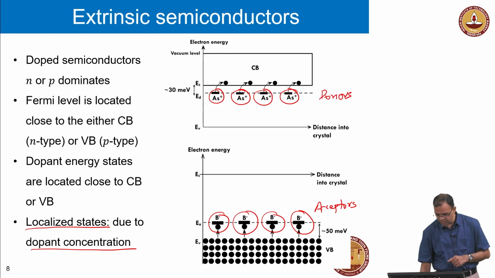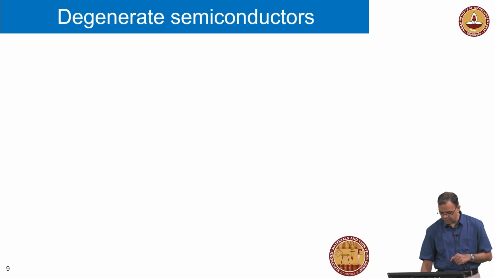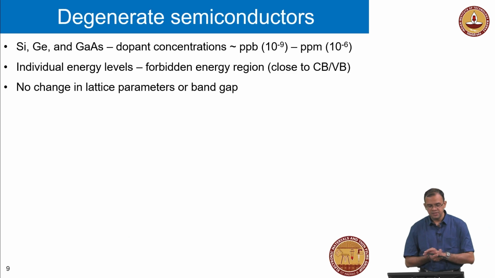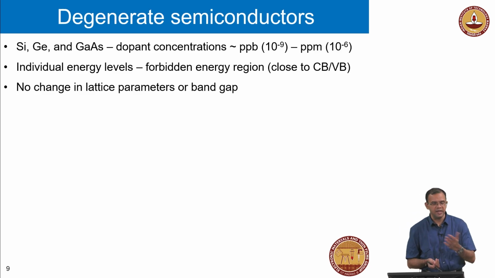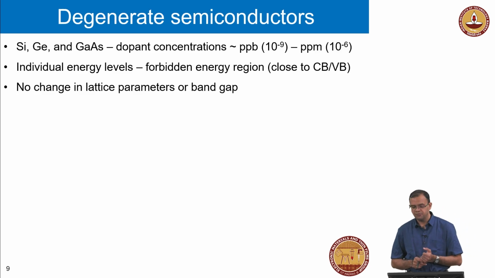So just to put that in perspective, let us say I have silicon, the same is true for germanium or gallium arsenide. We saw that pure silicon is intrinsic, and to improve its conductivity we either dope it with group 5 elements to make it n-type, or we dope it with group 3 elements like boron to make it p-type.